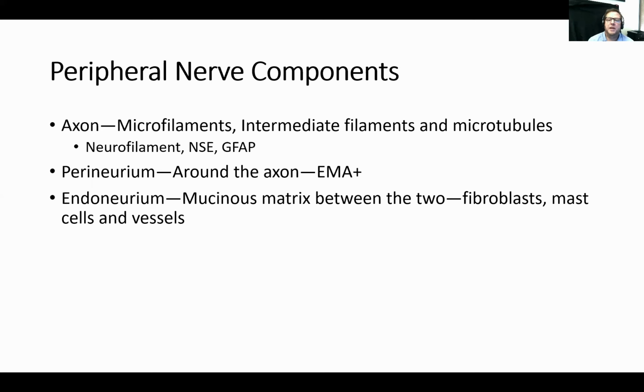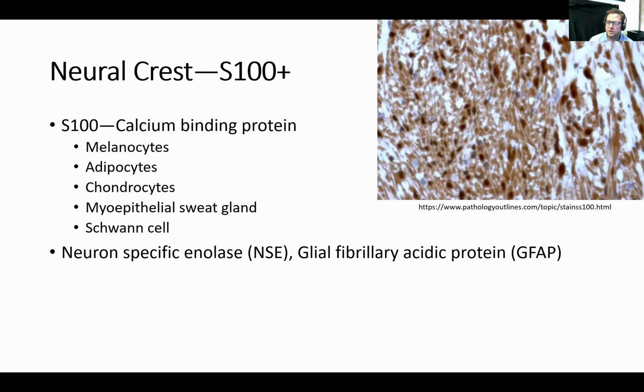So the components are the axons, which have filaments and microtubules, and the immunostains that stain them: neurofilament, often called NF, and neuron-specific enolase. Glial fibrillary acidic protein has proven quite useful. The perineurium around it is EMA positive, and then the endoneurium is between those two, an indistinct mucinous matrix with fibroblasts, vessels, and even mast cells have been reported in there.